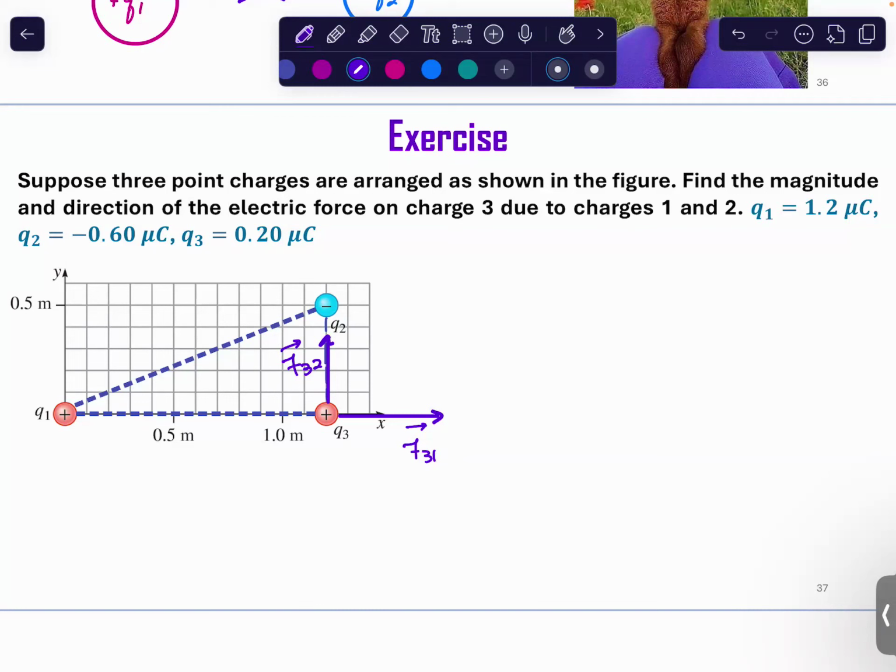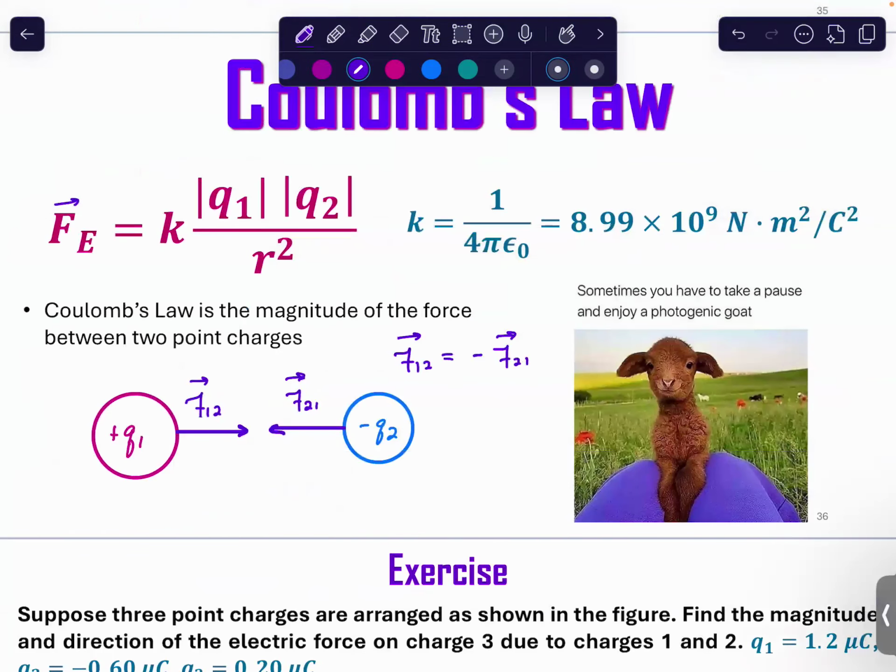So let's just start with the force 3-1. Okay, so remember, this is calculated magnitude. If you wanted this to be a vector, you know how we've been using unit vectors to denote direction?